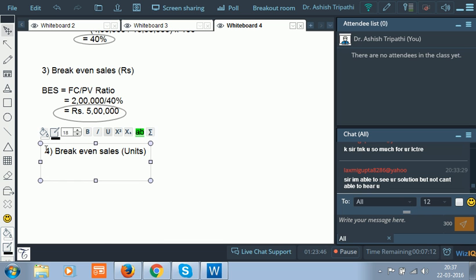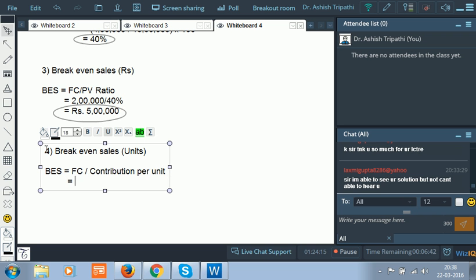So again the formula for break-even sales in unit is fixed cost upon contribution per unit.